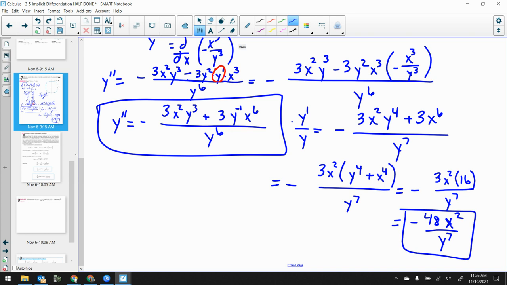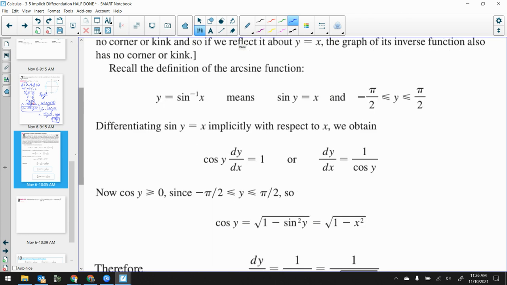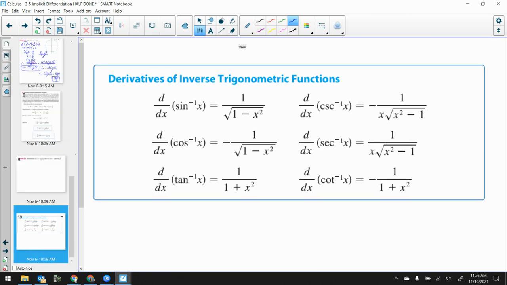Now, the reason we did not learn that when we were learning trig derivatives was because we actually have to use implicit differentiation when we invert the sine, cosine, and tangent. I would show you the actual proof to all of these things, but I've got to be honest, it would be easiest if we just learned them.